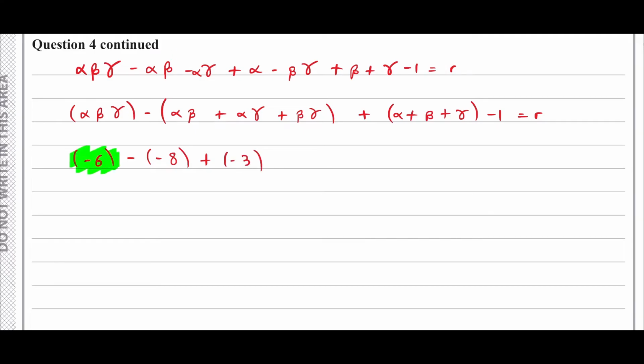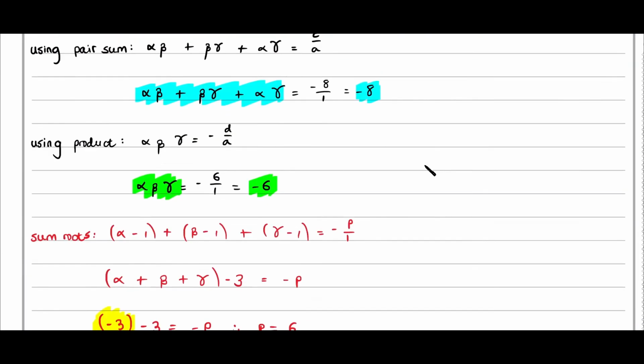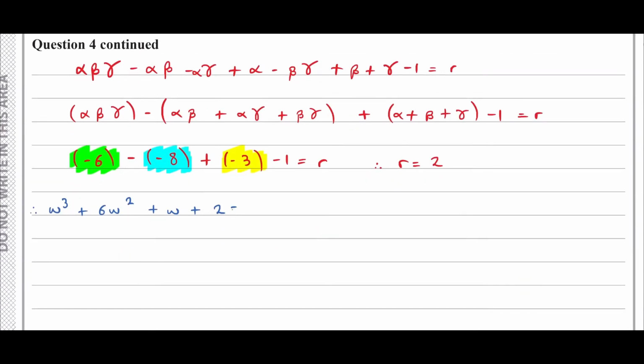So let's just color code all this as necessary. And then we still have this extra minus 1, and this is equal to minus r. r is equal to 2. So with that being said, we can therefore conclude, knowing the values of p, q and r, we have w cubed plus 6w squared plus w plus 2 as our cubic equation. Okay, so don't forget we have an equals 0.